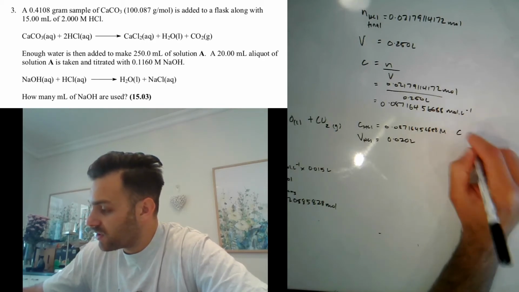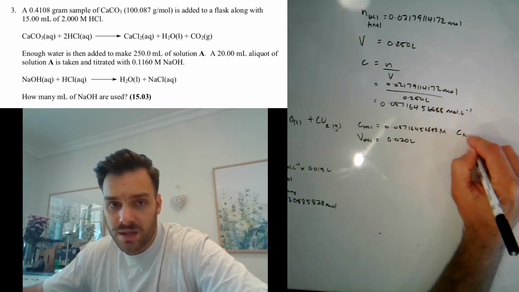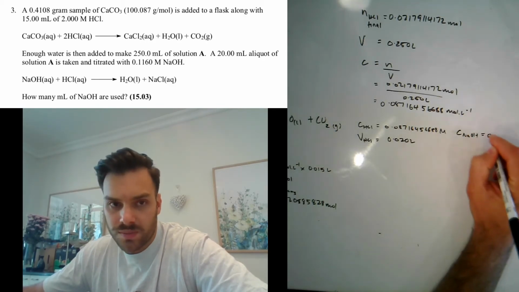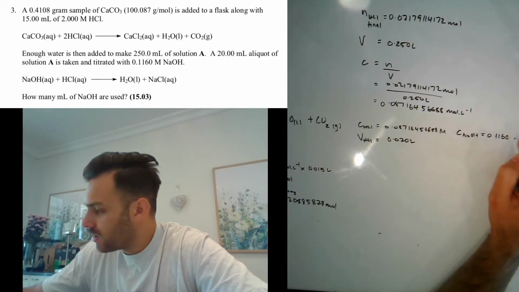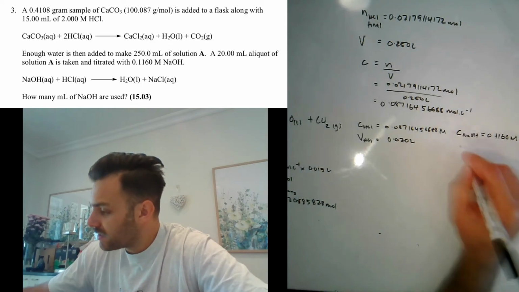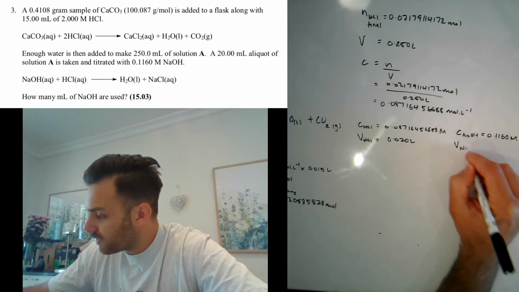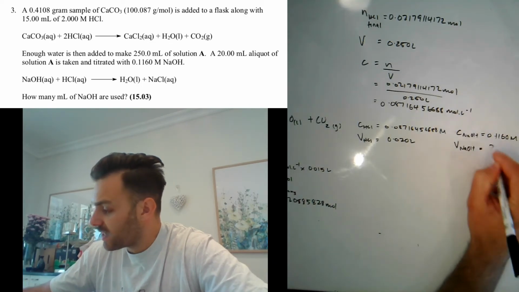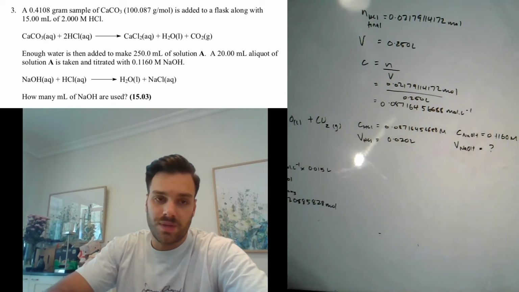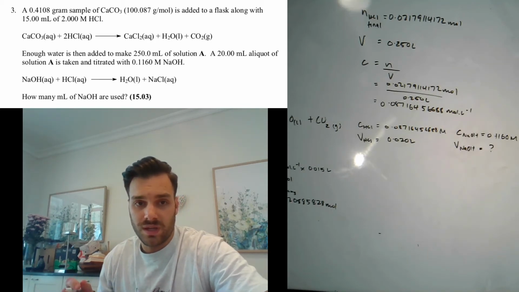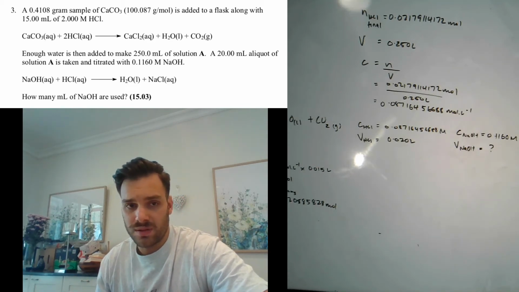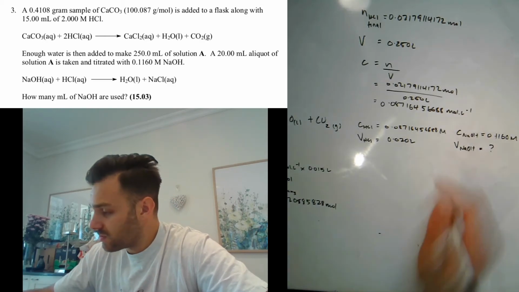The concentration of sodium hydroxide is equal to 0.1160 molar, and the volume that we use is actually what we're looking for now. Okay, we know these are 1-to-1, it tells us up here in that little equation, which is all well and good. So all we've really got to do now is just work this out.